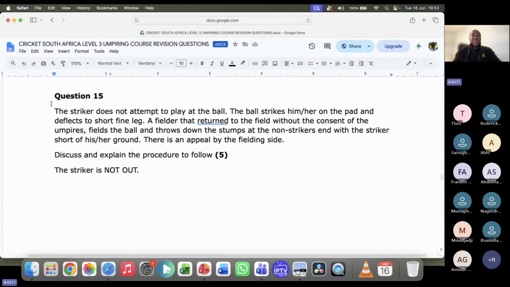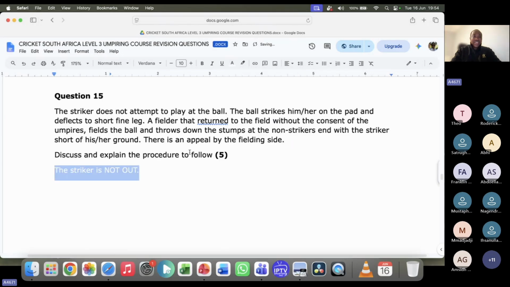A fielder that returned to the field without the consent of the umpires fields the ball and throws down the stumps at the non-striker's end with the striker short of his or her ground. There is an appeal by the fielding side. Answer the appeal and explain the procedure to follow. Ooh, I've already given you a bit of the answer there.